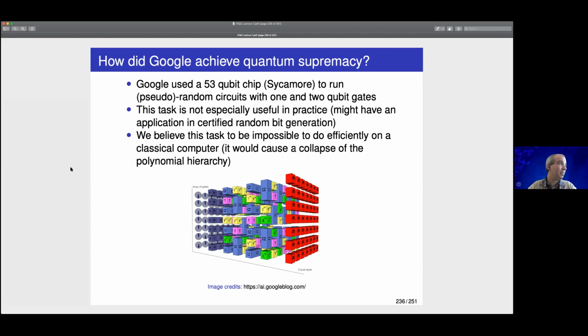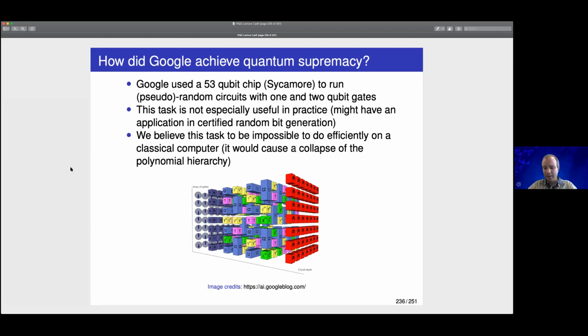And some people argue that, as you say, supremacy is much stronger than advantage. It doesn't convey the same meaning. But in some contexts, the term advantage is used as a synonym to supremacy, and in other ones, as you say, it's reserved for something weaker. So there is some problem with the terminology there, but you are right.